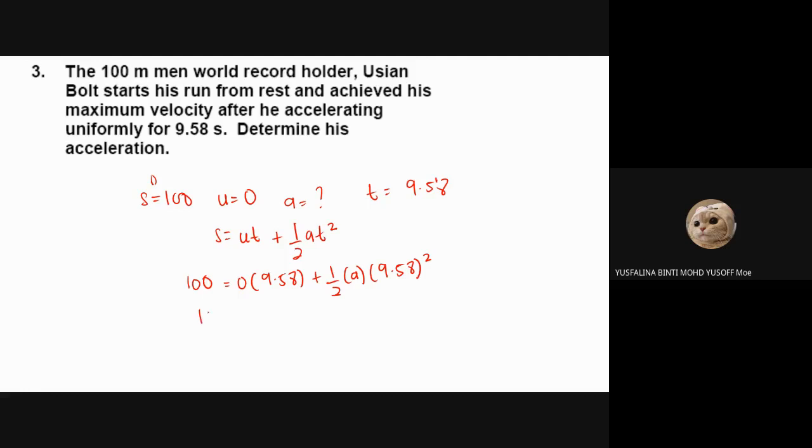So you have to calculate 9.58 square, divide by 2, and we will get 45.89 A. Then you divide 100 by that, and you will get 2.18. Yes, the answer is 2.18.